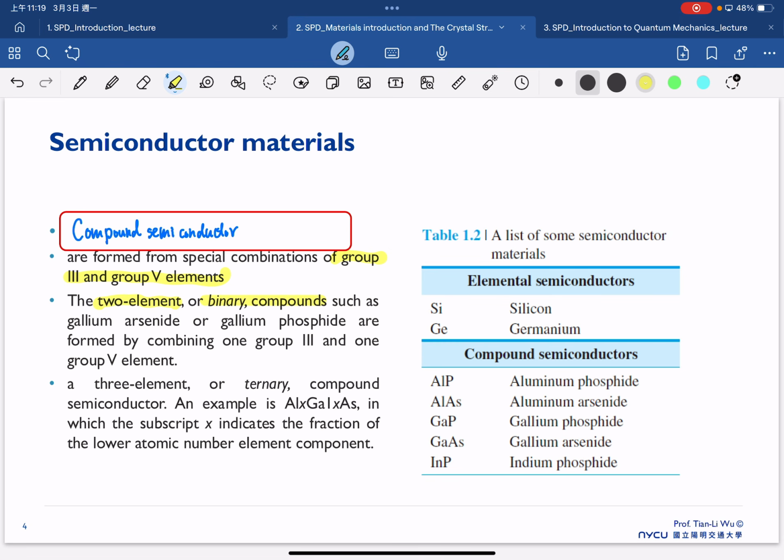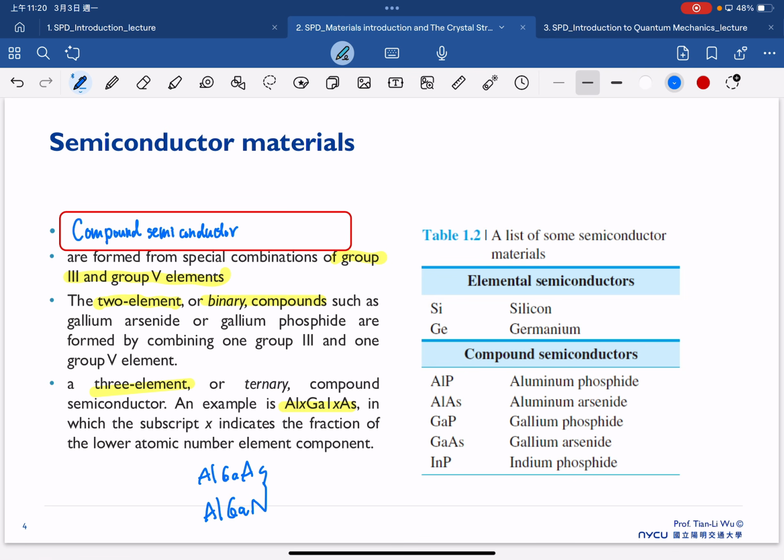For example, gallium arsenide or gallium phosphide. These are two element compounds. Or sometimes we can have 3 element compounds. For example, aluminum gallium arsenide. So these are 3 element compounds. Or another very well-known one is aluminum gallium nitride.